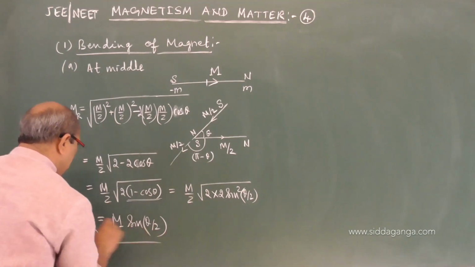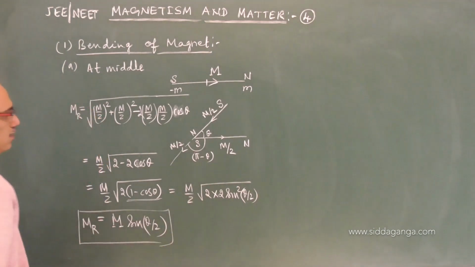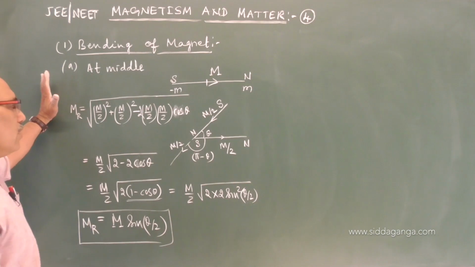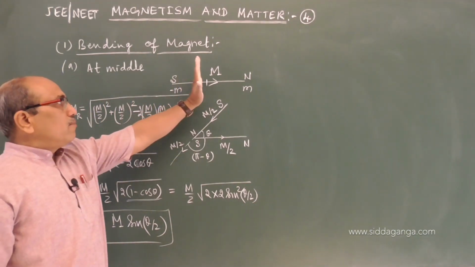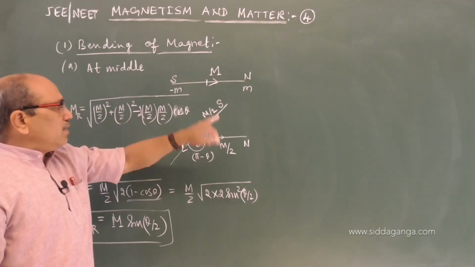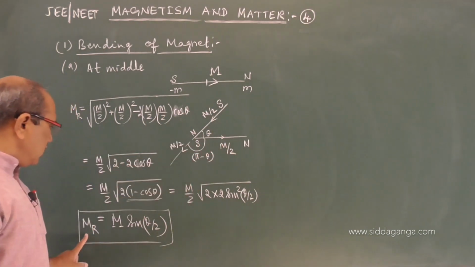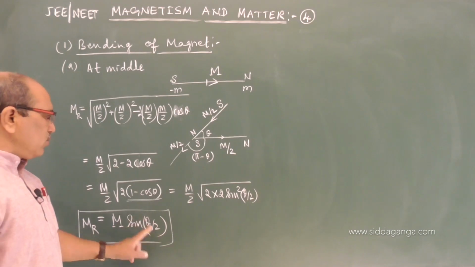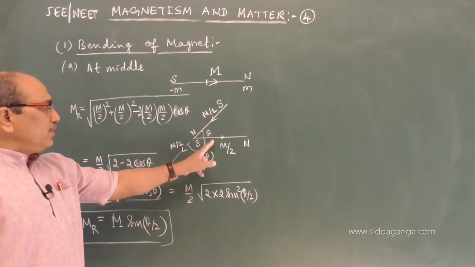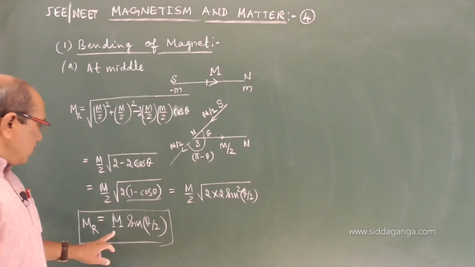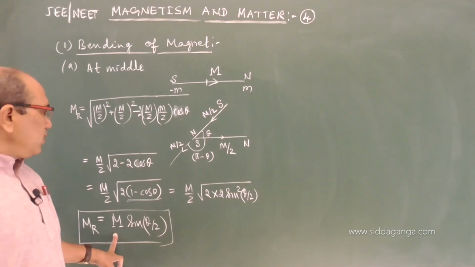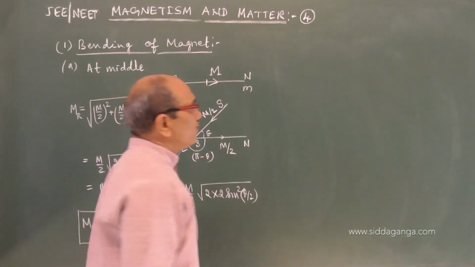Now, this is an important relation required for entrance exams, not for the board exam. I showed that if the bar magnet is bent at the middle making an angle theta, the resultant moment of the system is M into sine theta by 2, where theta is the angle between the two moments.